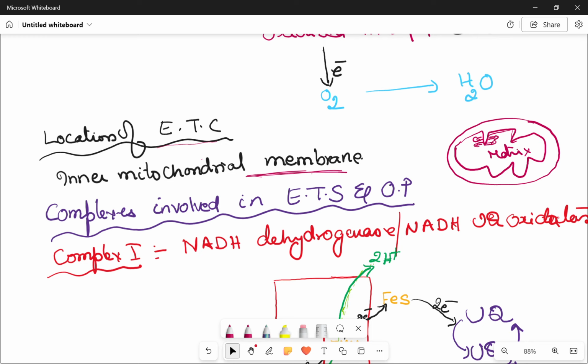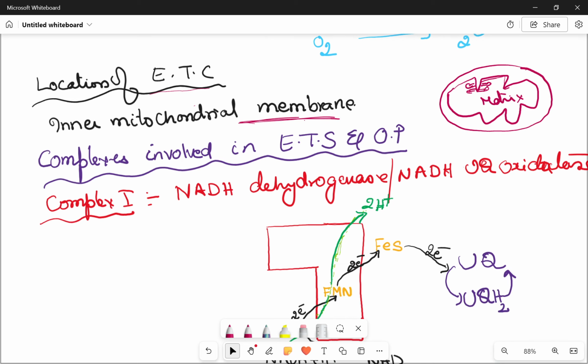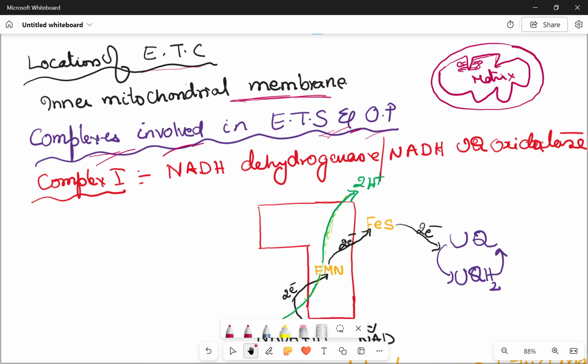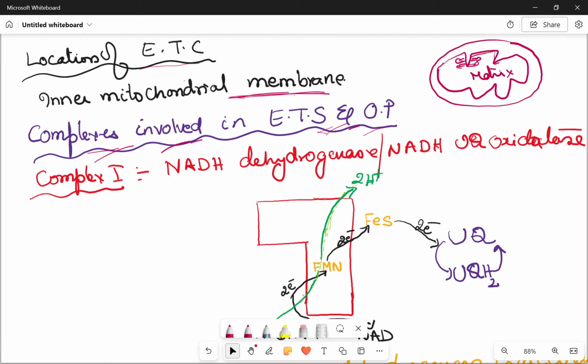Now come to the complexes involved in the electron transport system and oxidative phosphorylation. Don't confuse. It will be very easy if you understand. Follow me. Here 5 complexes are involved.